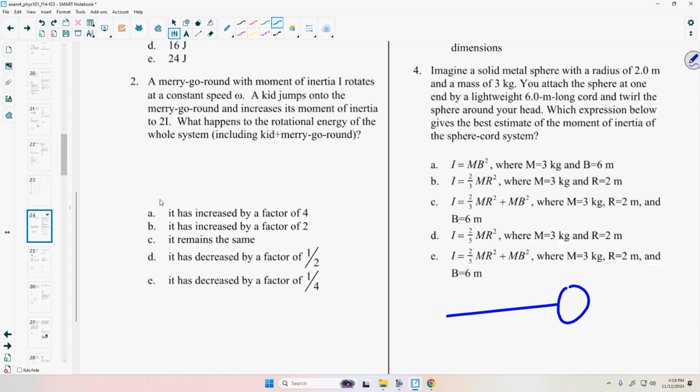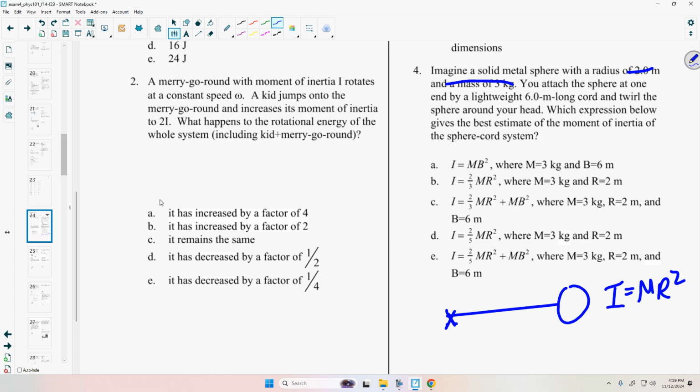I have this solid metal sphere, and it has a radius of 2 meters and mass of 3 kilograms, but none of that matters, right? Because I'm actually rotating it about an axis of rotation that's here. So if I want to know the moment of inertia, it's just going to be equal to mr squared. I'm treating it like a particle because the axis of rotation is outside of the object.